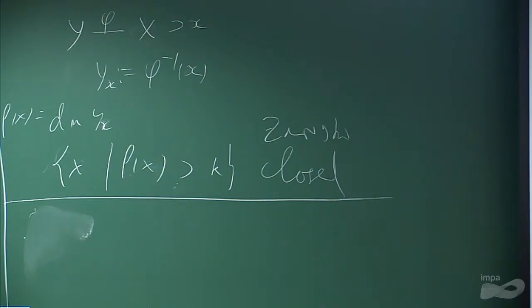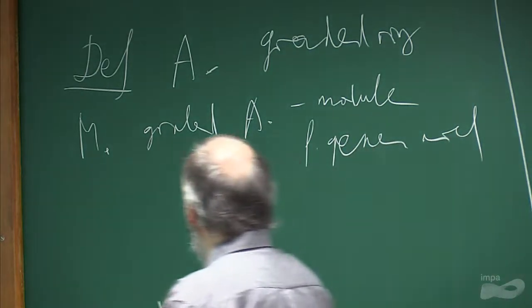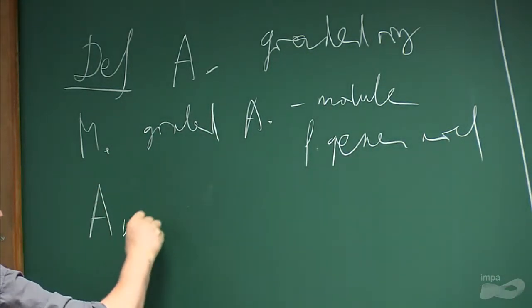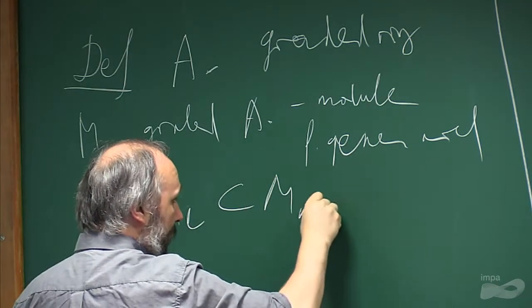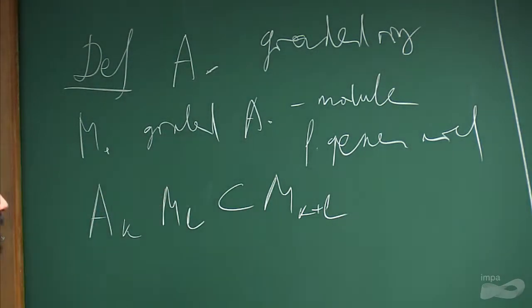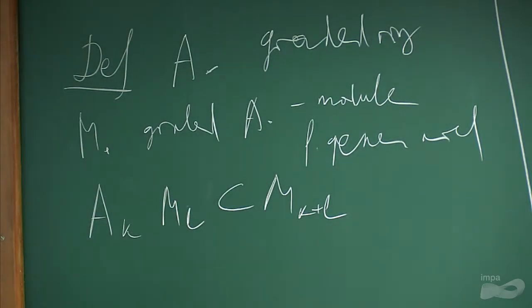So what does it mean, graded module? This means that your C star action, which defines the grading, is compatible with the multiplication by elements of A. So this means that A_k times M_l belongs to M_{k+l}, precisely as it works with multiplication within A.